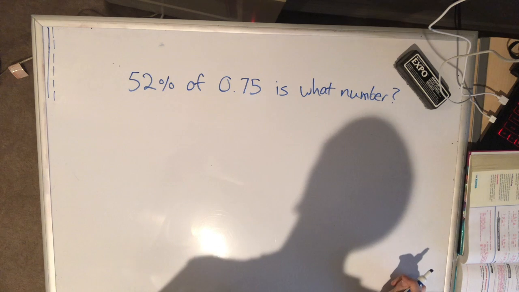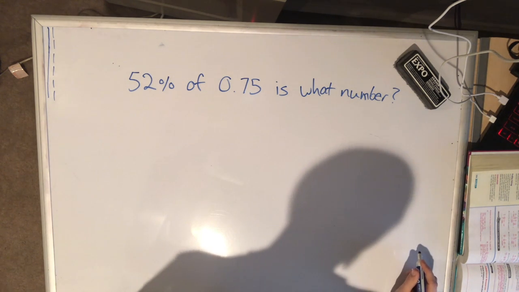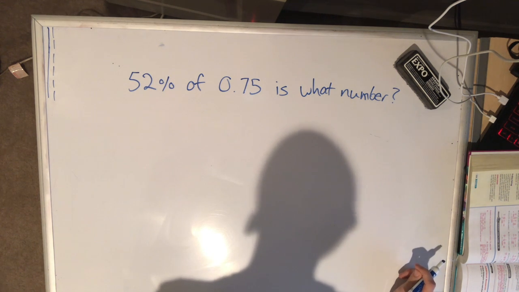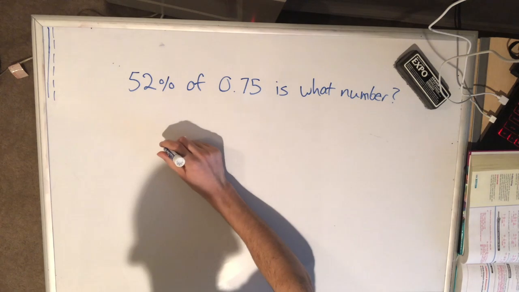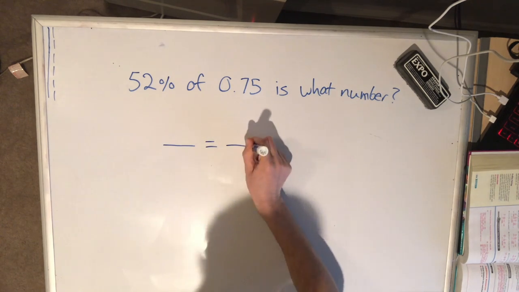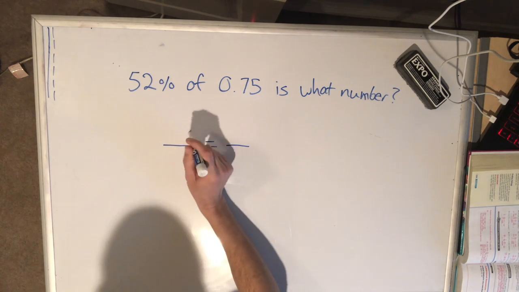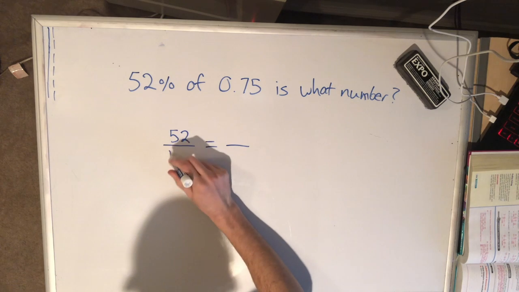Let's translate that question into an algebraic equation using the percent formula. Or that's what we could do, but it says to use the percent proportion method. So let's set up 2 equal ratios or 2 equal fractions. All right, so first let's convert the percent into a fraction, 52 over 100.